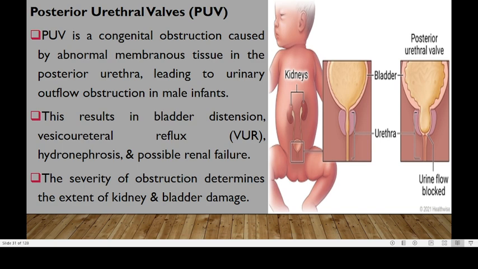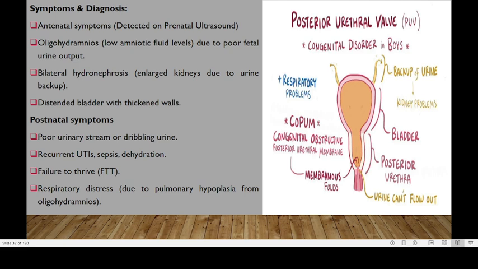It is a congenital obstruction caused by abnormal membranous tissue in the posterior urethra, leading to urethral outflow obstruction in male infants. This results in bladder distension, vesicoureteral reflux, hydronephrosis, and possible renal failure. The severity of the posterior urethral valve determines the extent of the kidney and bladder damage.